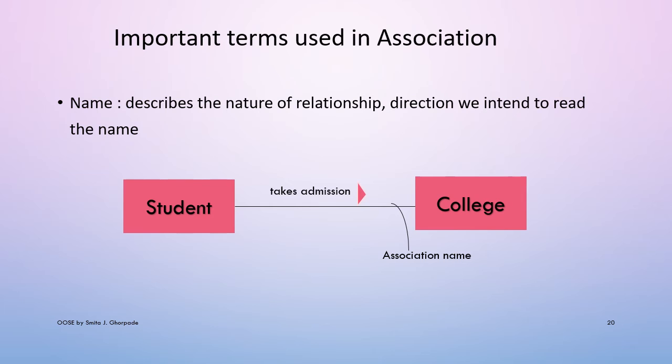The association name is takes admission, and this triangular symbol shows the direction. How should it be read? Student takes admission in college. We are giving a naming convention for this association, that is takes admission.